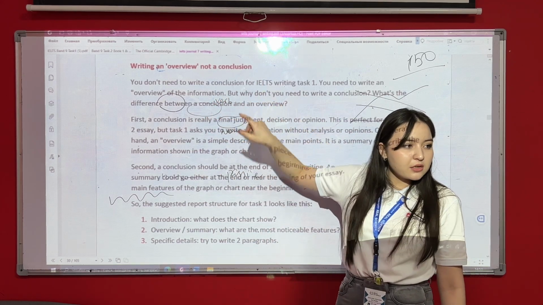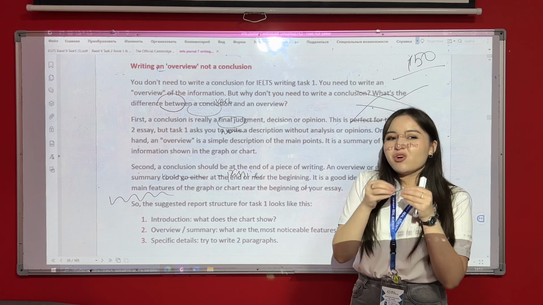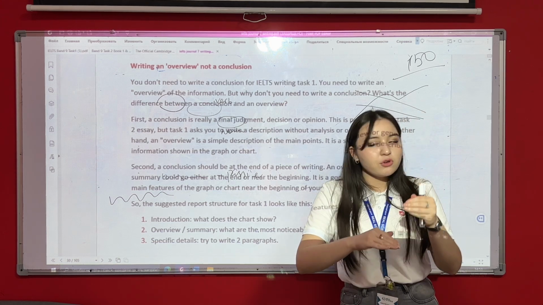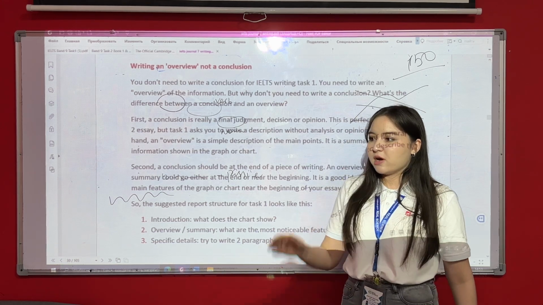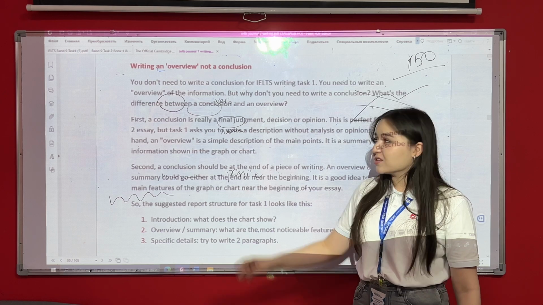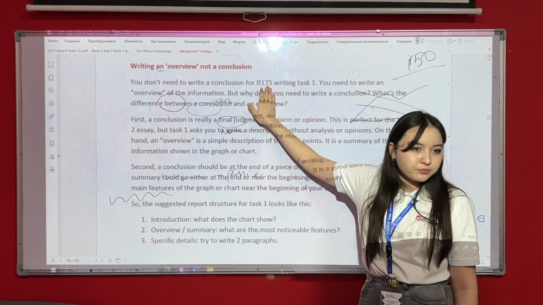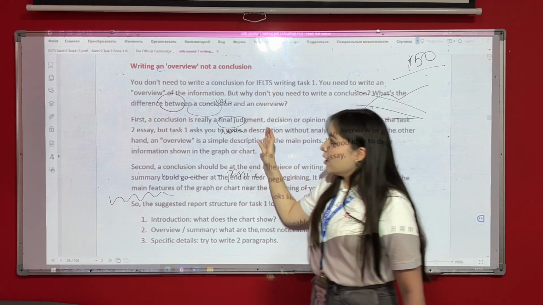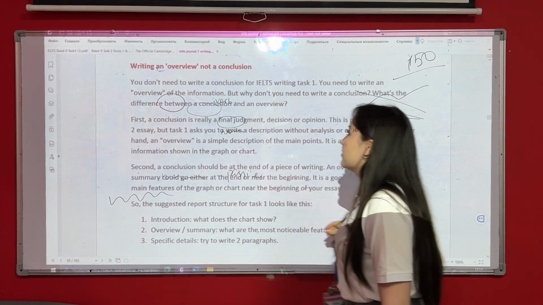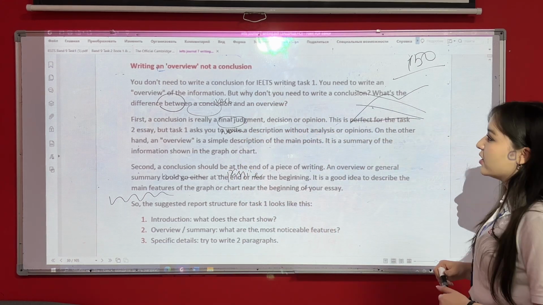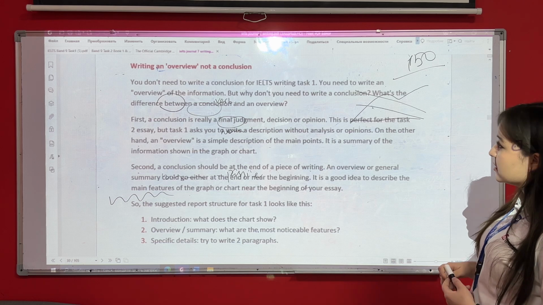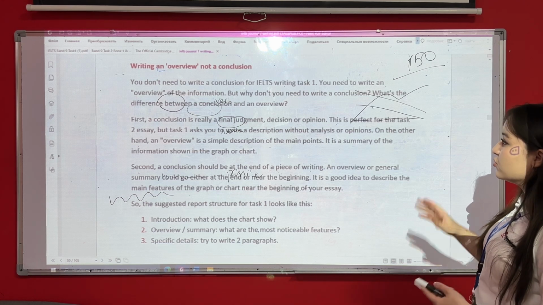You have to say what the main features are, and only then, after your overview, you have to explain. You have to give detailed information, right? So this is the difference between overview and conclusion. Understandable? So you don't need to write a conclusion for IELTS writing task 1, you need to write an overview of the information.